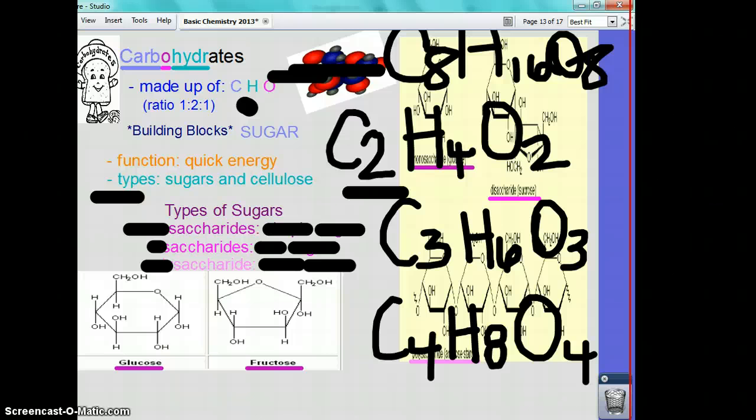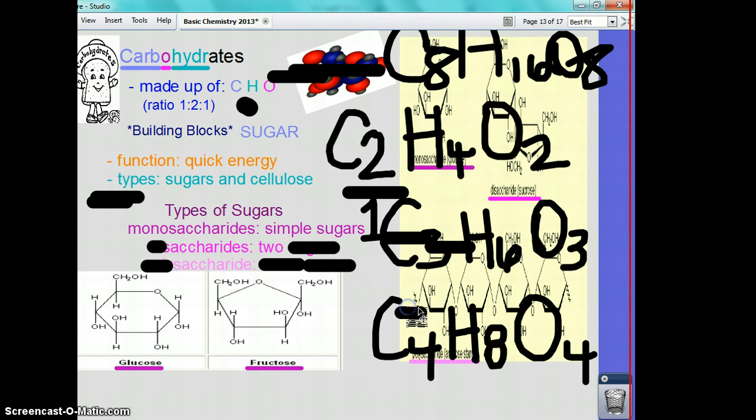Has anybody ever seen the word saccharide? Anybody know what comes with those words? So if I tell you a simple sugar, I'm basically referencing one. So what's a root word in science that describes one? Or a root word in Latin? Mono. Good.